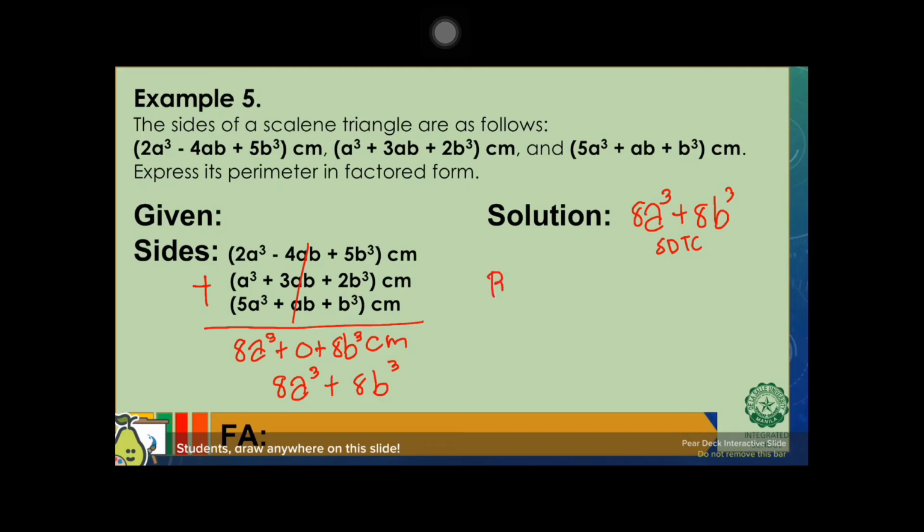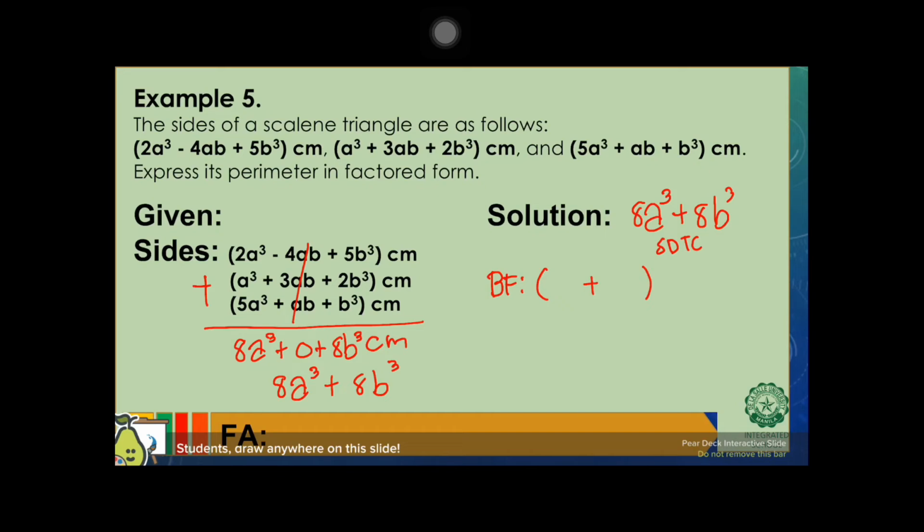So to factor our sum and difference of two cubes, we have what we call the BF, or the binomial factor. So we simply say how to get the binomial factor of our perimeter. You simply copy the operation of your binomial given, and then after that, get the cube root of the first term and the second term.